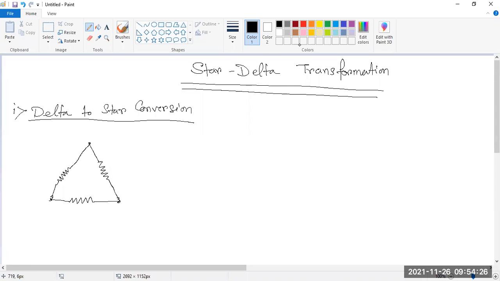Say this is node 1, this is node 2, this is node 3. And here this is the star connection, this is node 1, this is node 2, that is node 3.